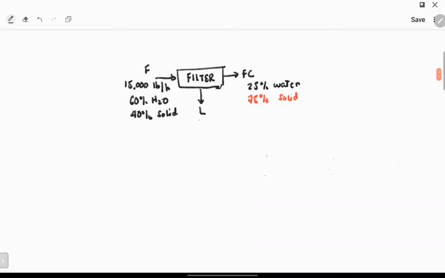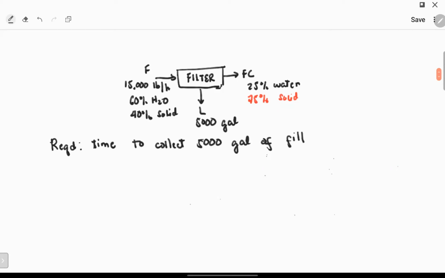And ang gusto nating makolect is 5,000 gallons of the filtrate. Okay, so what is the required answer here? So ang gusto natin is to calculate the time to collect yung sinasabi nating 5,000 gallons of filtrate. So gano'n daw katagal. Okay?